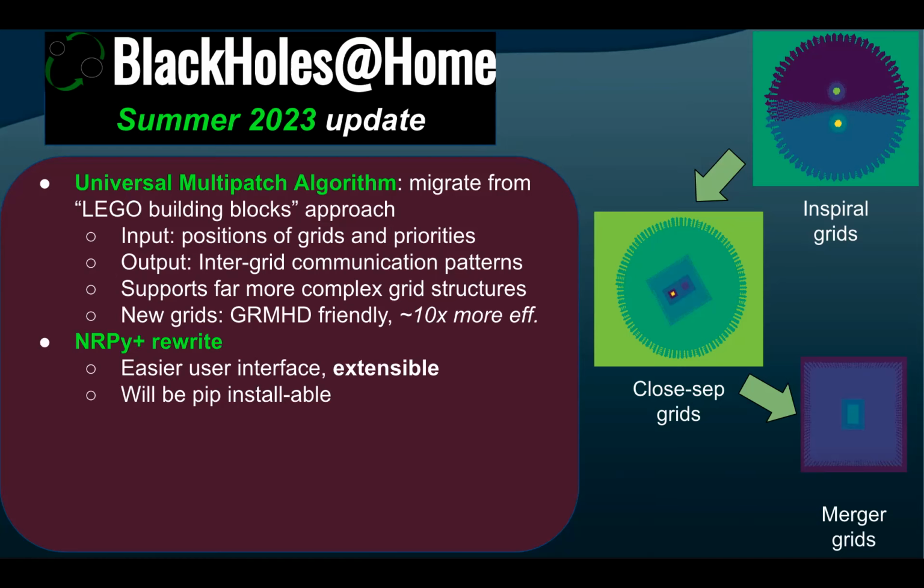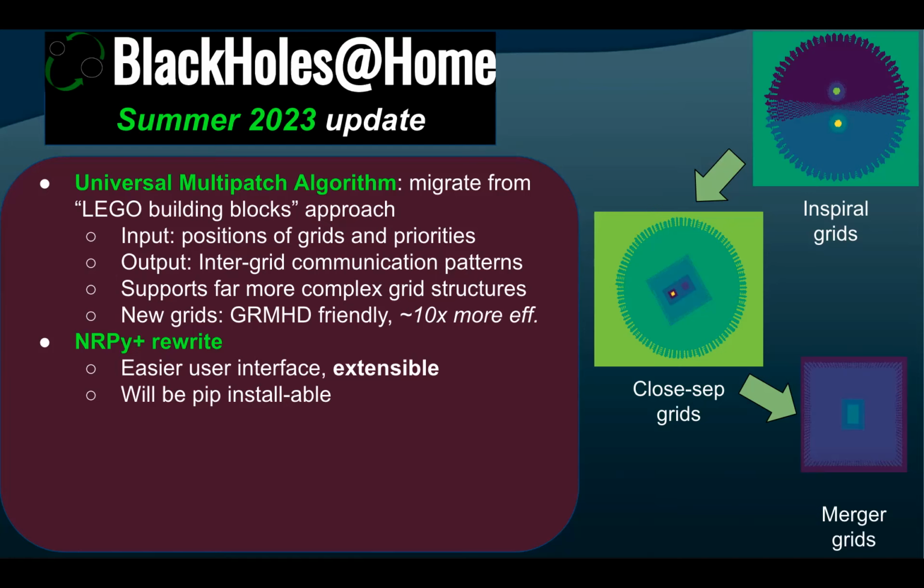The bottom line is we're going to have a much easier user interface and easier onboarding for new users. It's going to be extensible. And by the way, let me publicly apologize to Steve Grant for the fact that NRPy was never meant to be extensible, the original version. He's shown that NRPy can do amazing things if you really try hard, and he did.